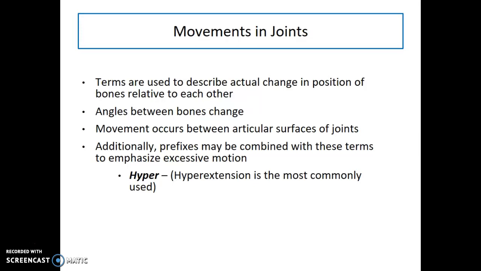Say the elbow would be the joint, the lower arm and the upper arm would be the two articular surfaces responding to whatever joint movement, be it flexion, extension, etc. Additionally, prefixes may be combined with other terms to emphasize excessive motion, like hyperextension.